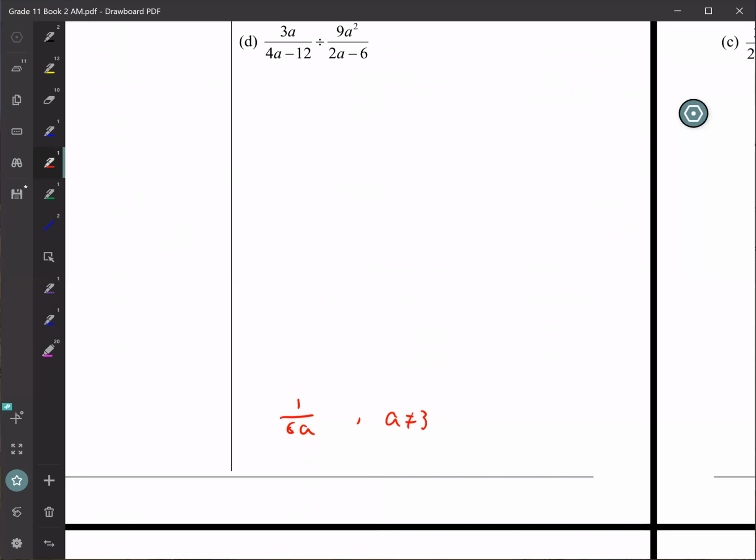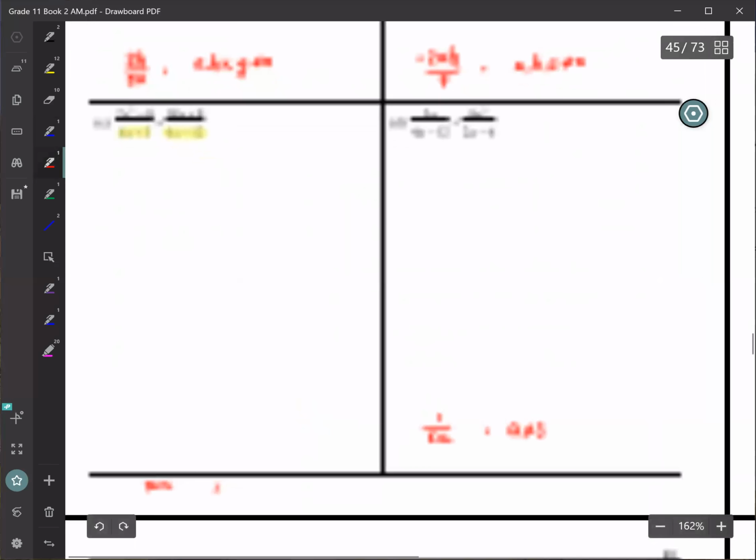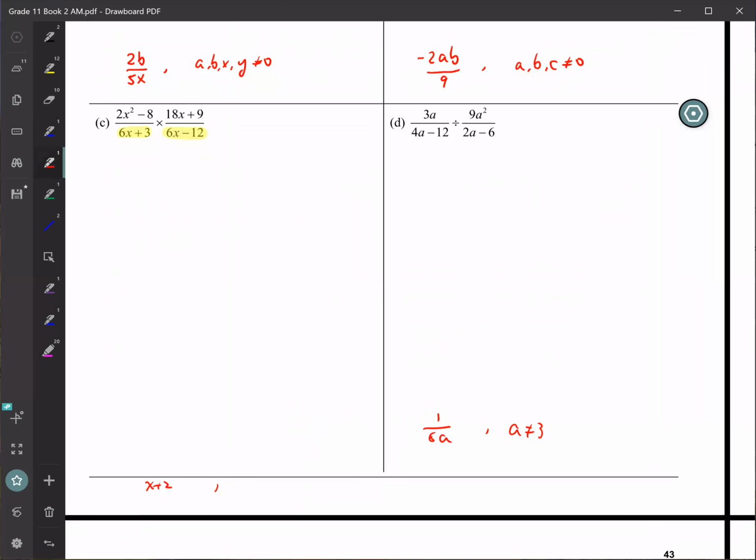Hold on. Found it? It's just A cannot be equal to 0 then. Okay.